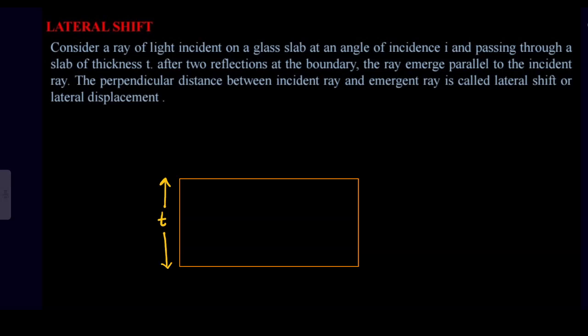So let us consider a ray of light which is falling. Now I'm taking here, this is a normal, this is a normal. Consider a ray of light which is falling here.